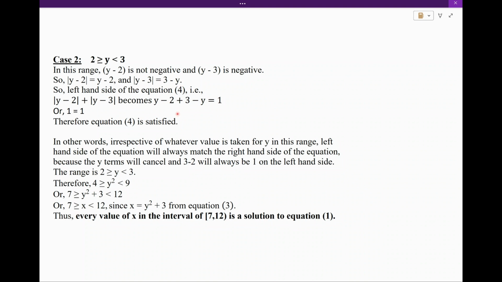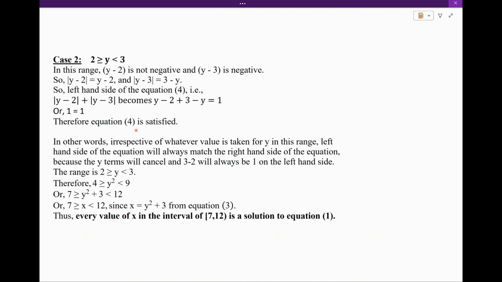Putting these values into equation 4, magnitude of y minus 2 plus magnitude of y minus 3 becomes y minus 2 plus 3 minus y is equal to 1. On the left hand side, y and y cancel, plus 3 and minus 2 become 1. So therefore we get 1 is equal to 1.